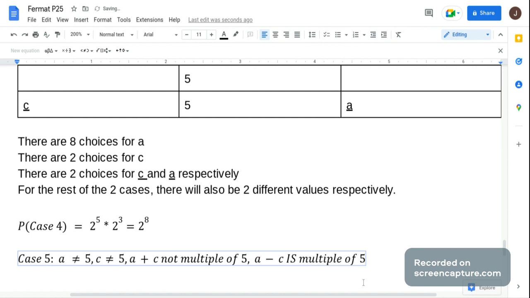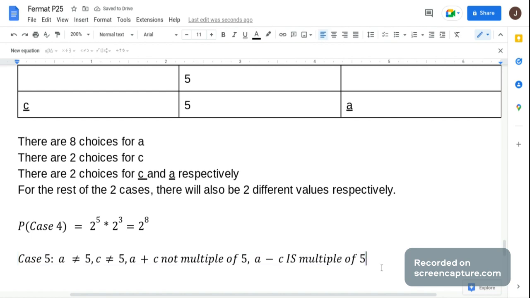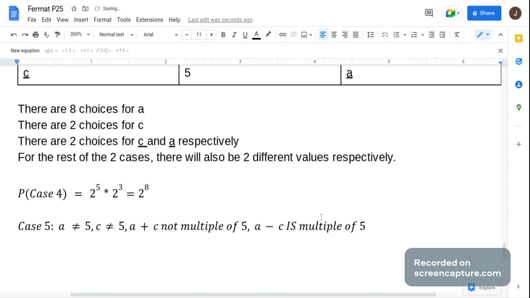Why do I need to make additional 2 separate cases? I can't explain it for now, but once you continue looking at this video, you will definitely understand it.